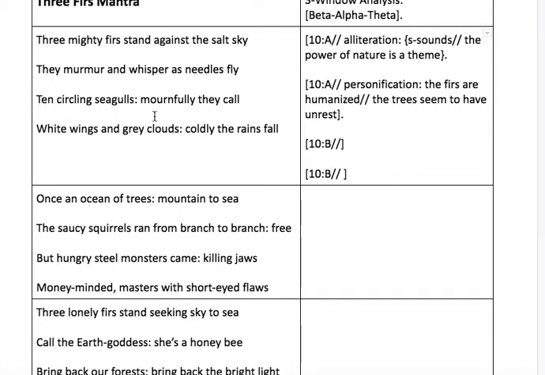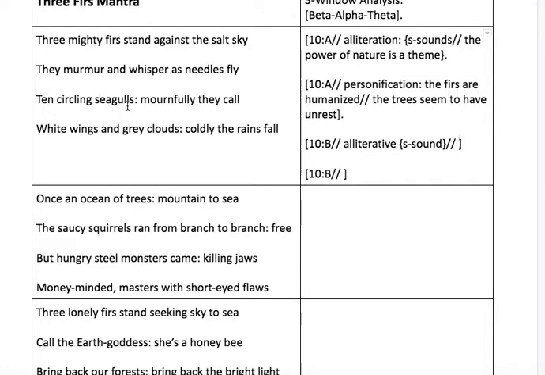Ten circling seagulls, mournfully they call, white wings and gray clouds, coldly the rains fall. So what I'd notice there is, in terms of our ten circling seagulls, circling and seagulls, this actually is alliterative. Again, even though it's a letter C, it's a C that sounds like an S. So we could say circling seagulls has that S sound alliteration as well.